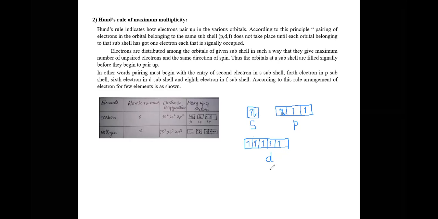So first all the orbitals are singly occupied. Then pairing in the d subshell starts with the sixth electron. Similarly, in the f subshell, pairing starts with the eighth electron.